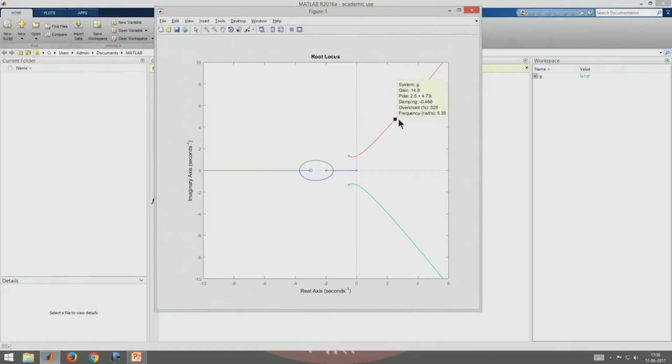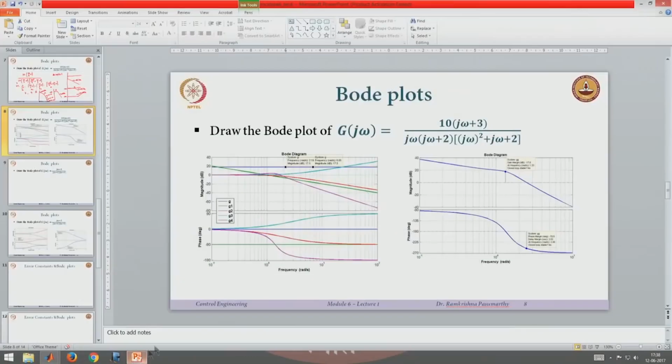If I go till here, I am already in the unstable region. For all gains greater than about 0.14 in absolute terms, I am unstable. So, at the gain of the system, which is 10, my poles are on the right half plane and my system becomes unstable, and that is what this is trying to tell us here, where it says that the closed loop system is actually unstable.